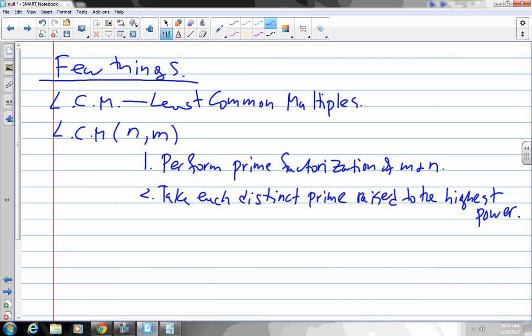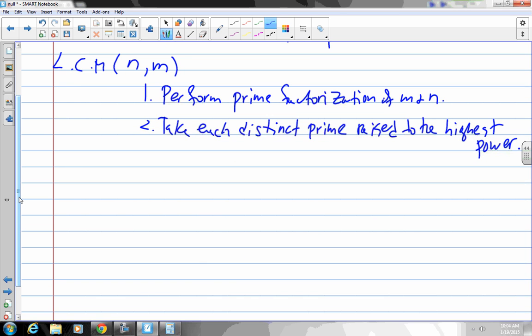Now, what I mean by that, let me do a numerical example. So, LCM for 16 and 18. So, basically the idea is, just picture you have 2 fractions. One has 16 in the denominator, the other one has 18 in the denominator. You're trying to find the least common denominator.